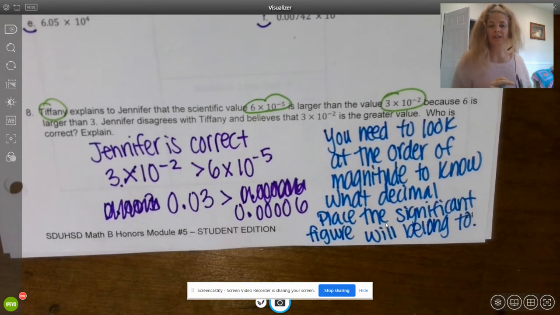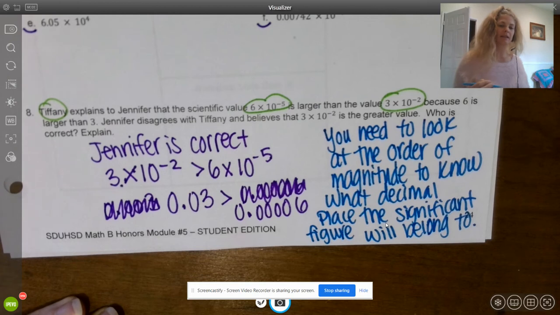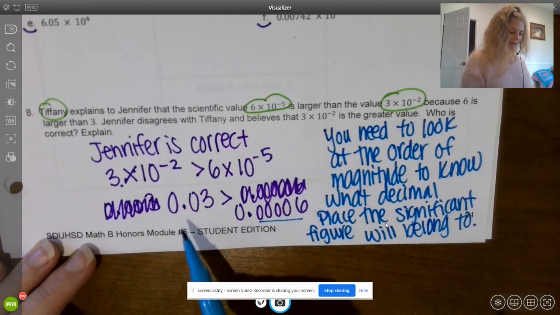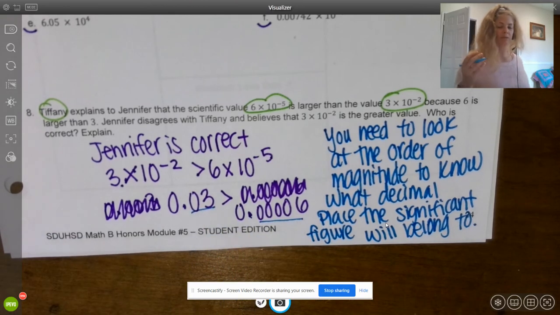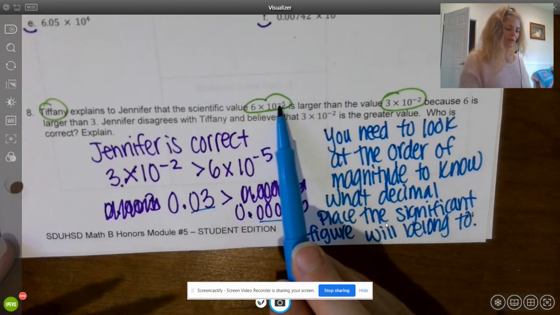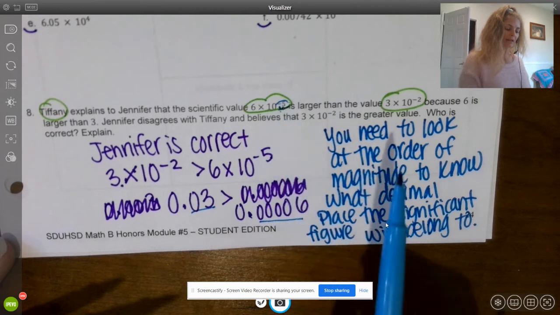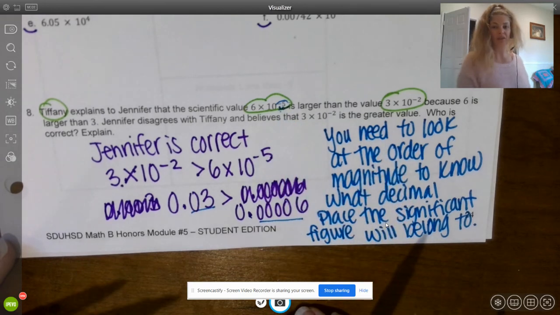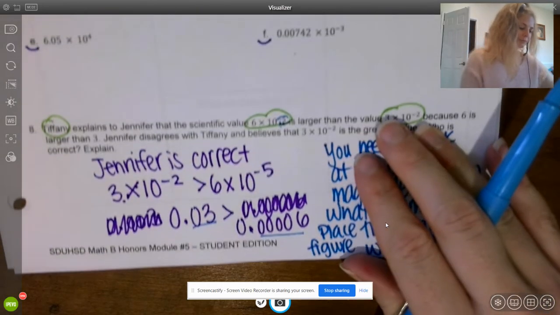There's a couple different ways we can explain this, but we know that with decimal places, the further number of decimal places we have to the right of the decimal point, the smaller the actual number is. So when we are moving to the left, the smaller the exponent, the smaller the number. And when we move to the right, the bigger the exponent, the bigger the number.